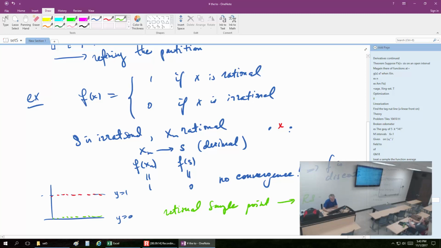And irrational sample points will give you a Riemann sum equal to 0. Which means that once again there is no convergence. And that is the definition of integrability: the partitions being refined are supposed to produce the same limit, and these two do not.